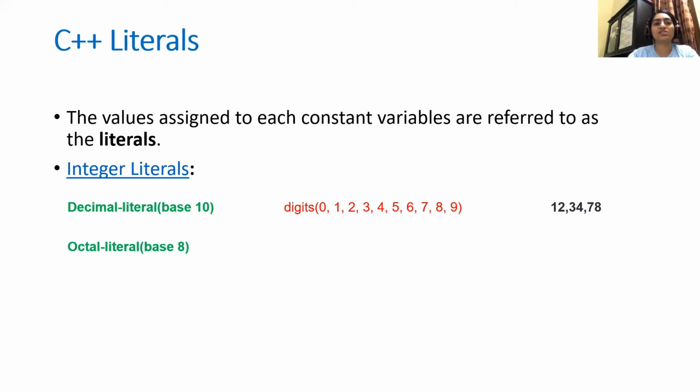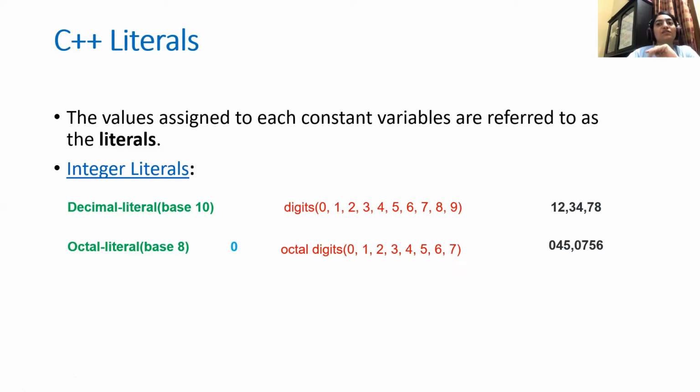Octal literal, numbers 0 to 7. And how will you differentiate whether it's an octal literal or a decimal literal? Octal literals begin with 0, followed by any number, like 045, 0756. But these are not the actual numbers. Remember, 045 is an octal literal, and in decimal it means 37.